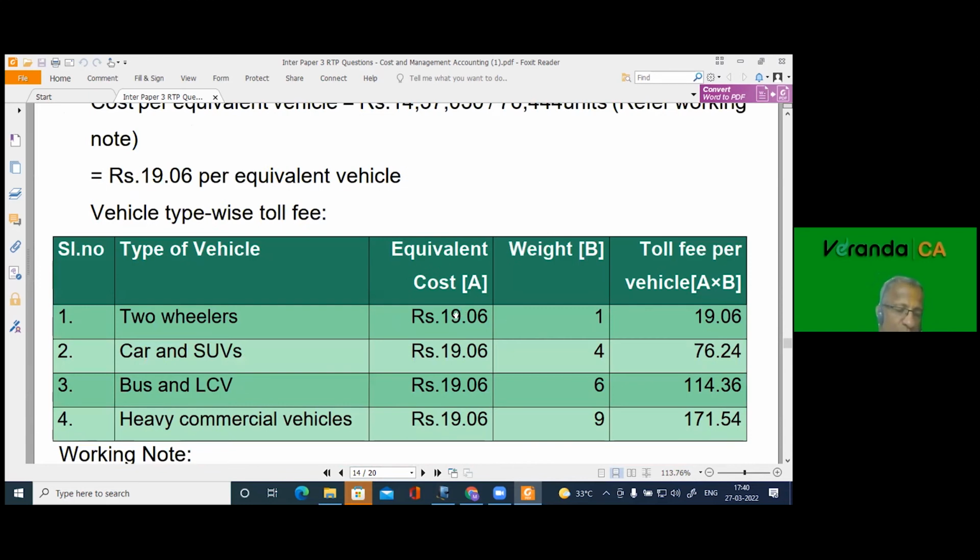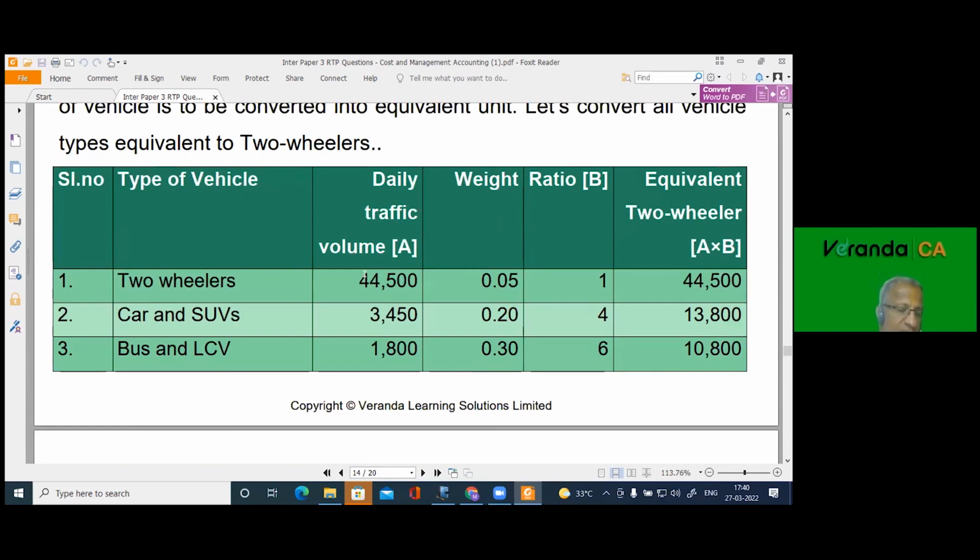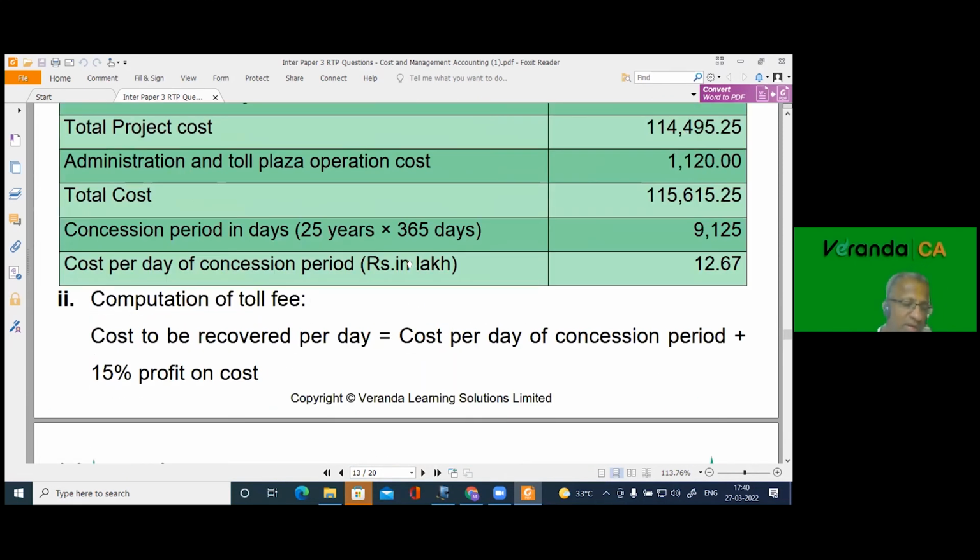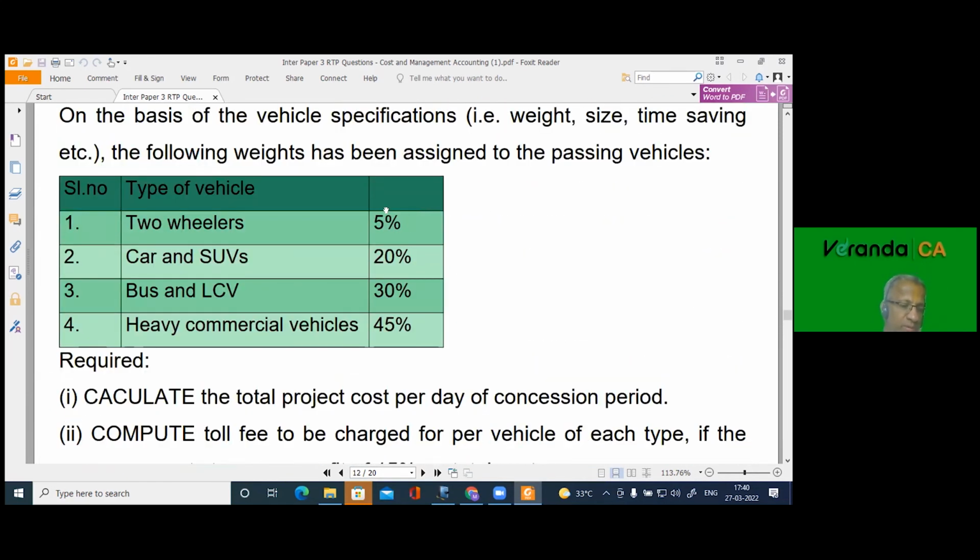So we all know that the weight is the lowest had just come here. 44,500 two-wheelers will be running, and their percentage what they given in the problem as 5, 20, 30, and 45. So this is what you find, and we have to charge the least for two-wheelers, and we have to charge the highest in the case of heavy commercial vehicle.